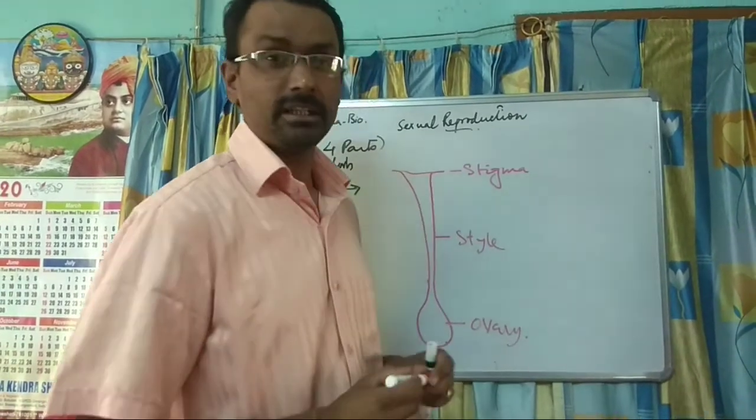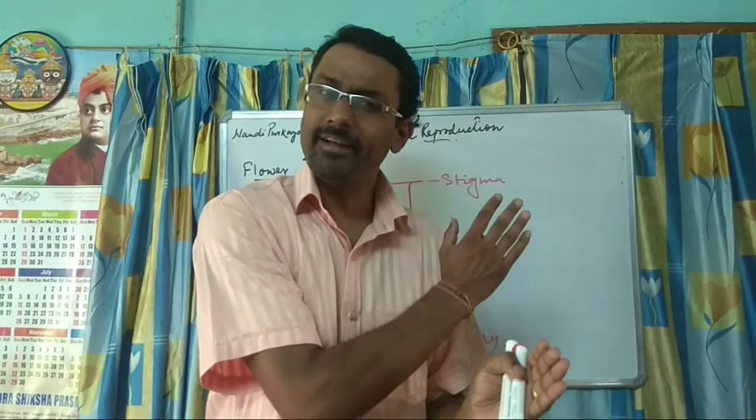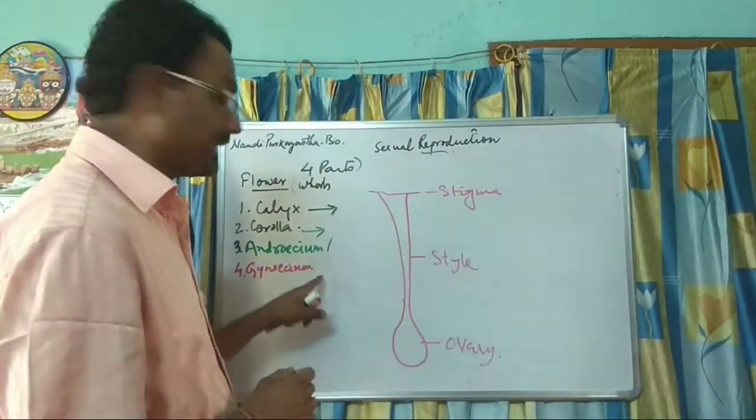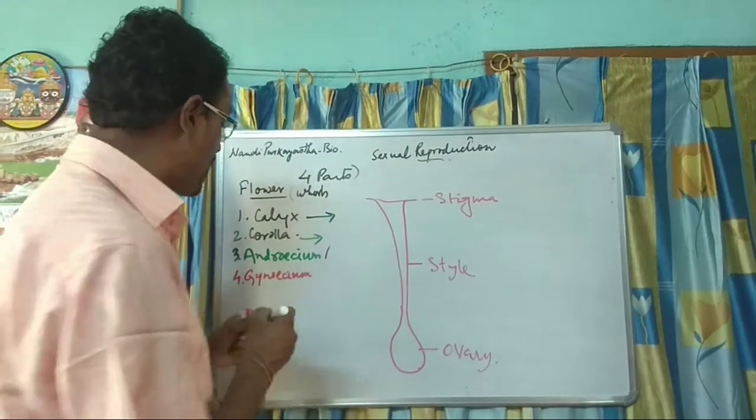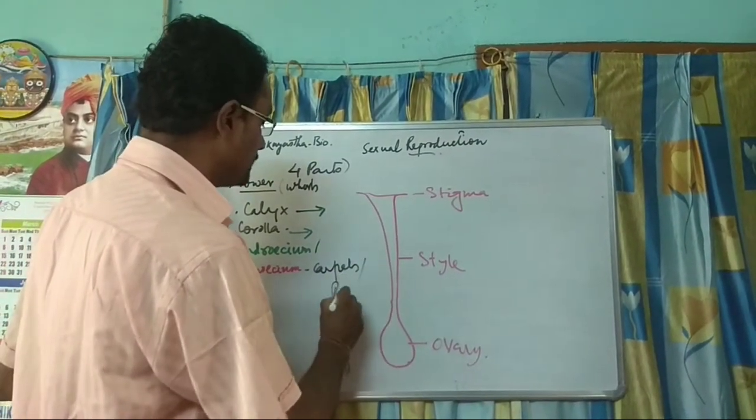Now try to get one thing. The parts of gynoecium also have names, just like the others. They are called carpel or pistil.